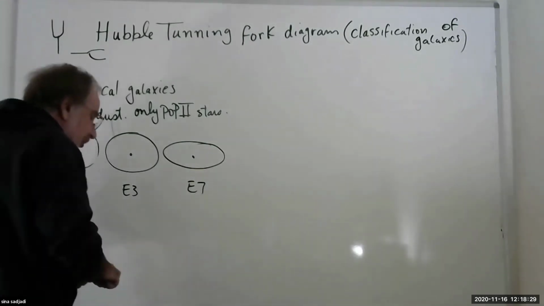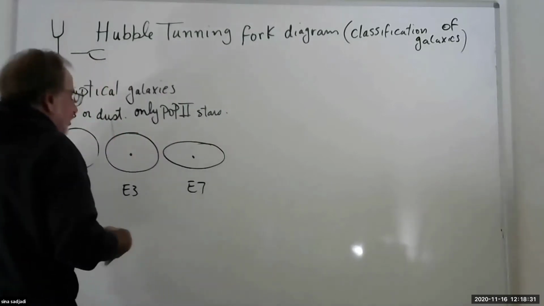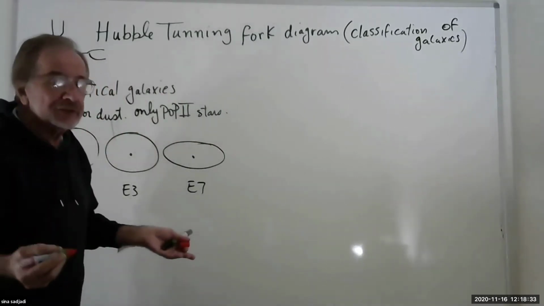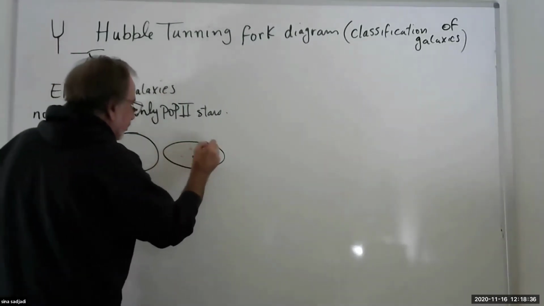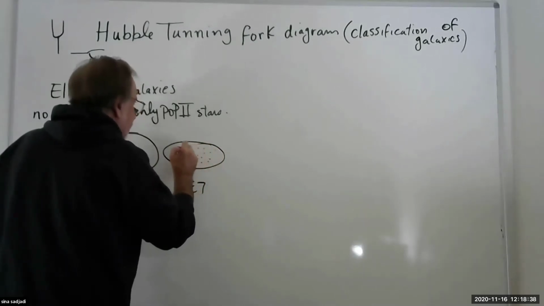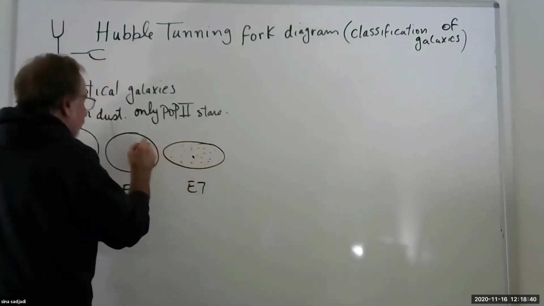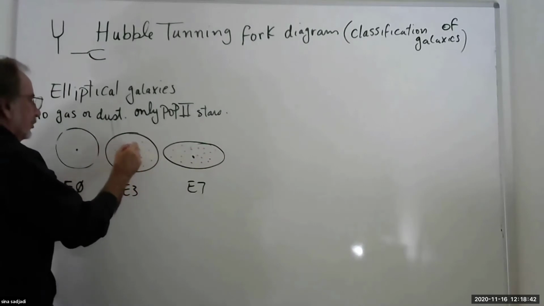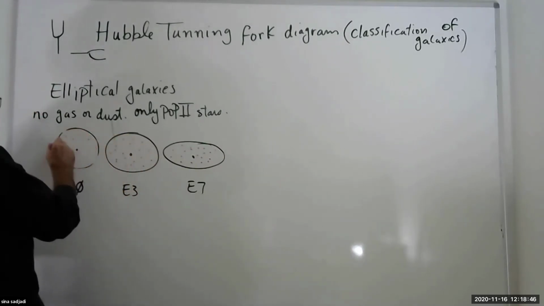Now, what's in them is a whole bunch of stars. And I'm not going to draw every little star. There's like billions of dots here, right? So there's stars everywhere here. You can see right through them because there's no dust and gas. Remember, only population 2.